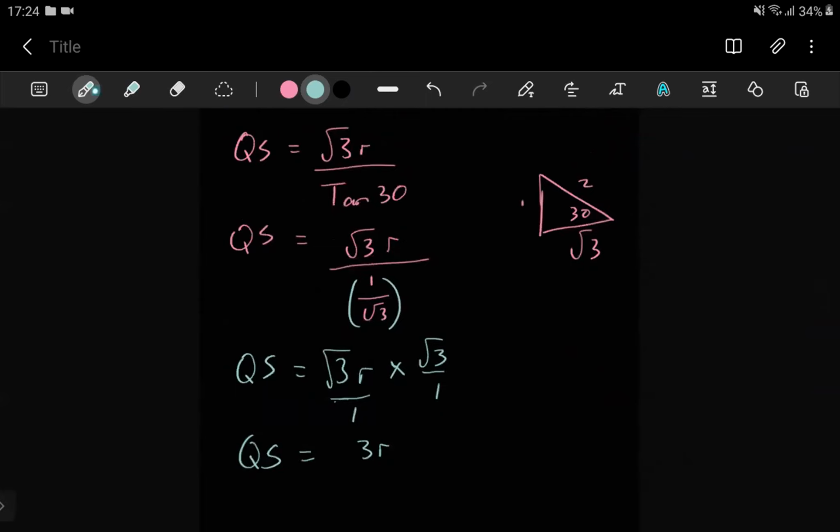Yeah, that's the part at the bottom here. So you're saying we should use the special triangle? No, if you used your calculator, it was fine. It was still going to be fine, because the calculator would then just give you square root of 3 over 3, which is still just equivalent to this number.